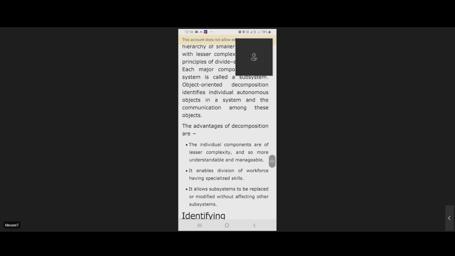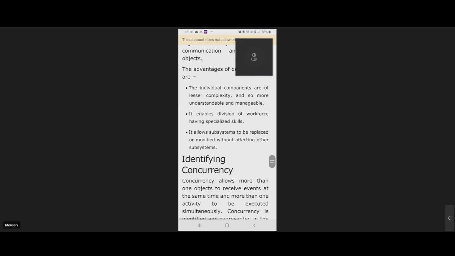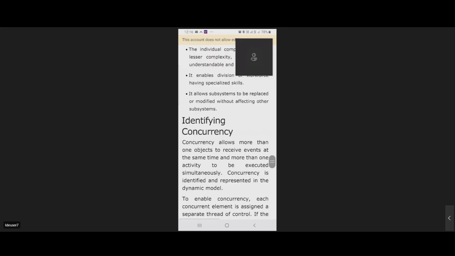It enables division of workforce having specialized skills, and allows subsystems to be replaced or modified without affecting other subsystems. Then identifying the concurrency, which allows more than one object to receive events at the same time and more than one activity to be executed simultaneously.